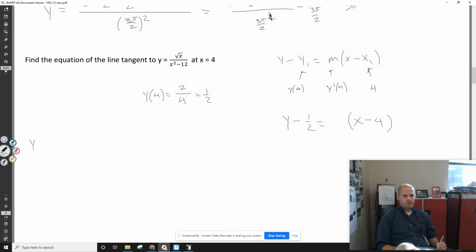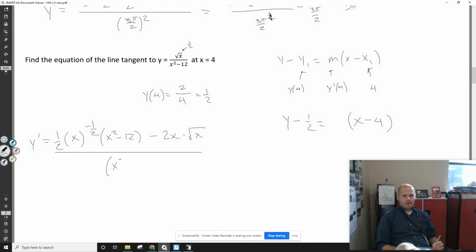And now we got to find the tangent slope. So we need the tangent slope generator. Use the quotient rule. Square root, we write it as a half power. Power rule, bring down the power, subtract the power by 1. That's the derivative of the top times the bottom, minus the derivative of the bottom times the top, all over the bottom squared.